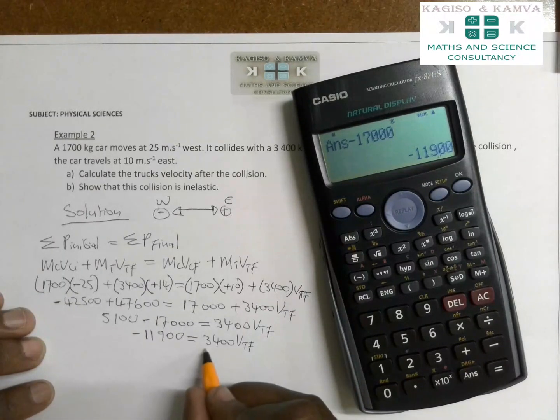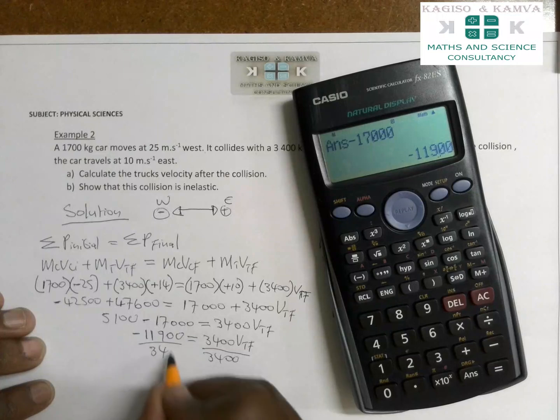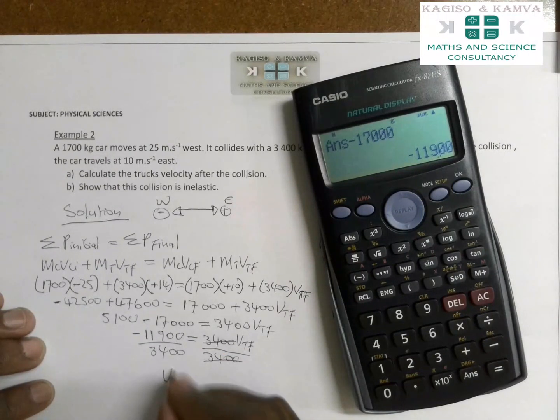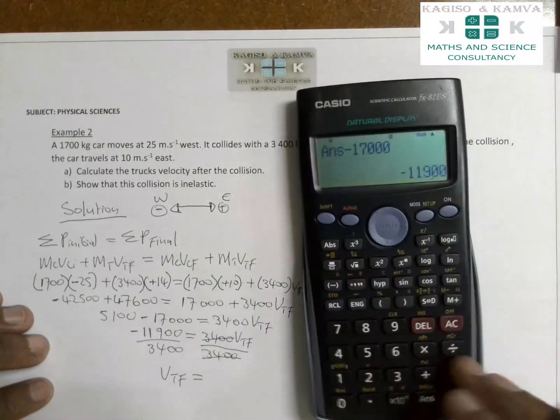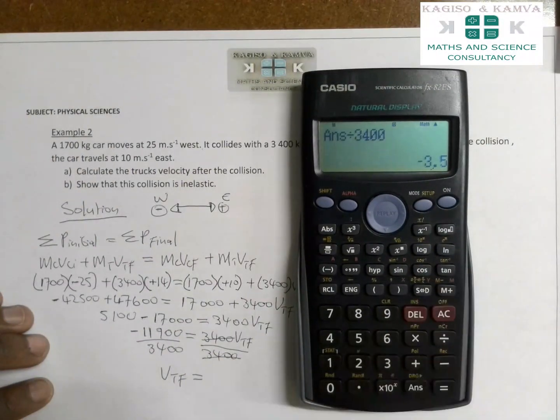So what do we do from here? We divide both sides by 3,400. This cancels that. Now the final velocity of the truck is going to be equal to negative 3.5 meters per second.